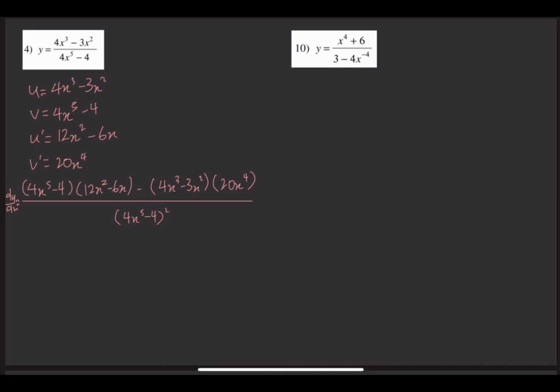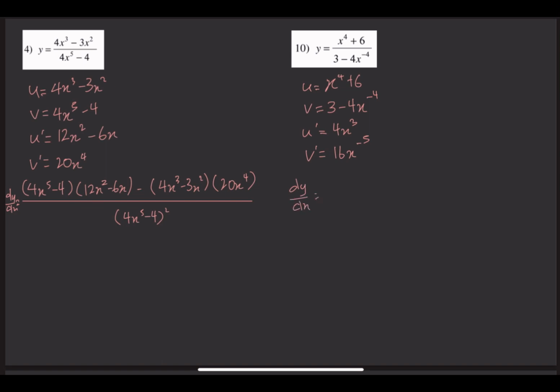Same rule applies for the next question. We want to differentiate it.